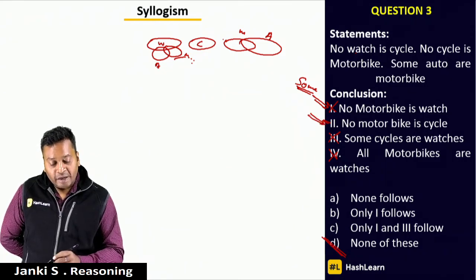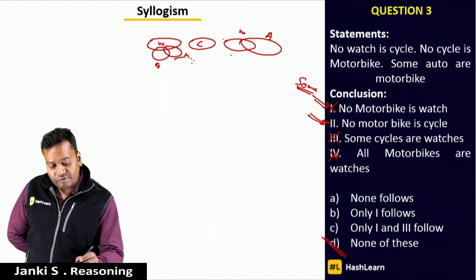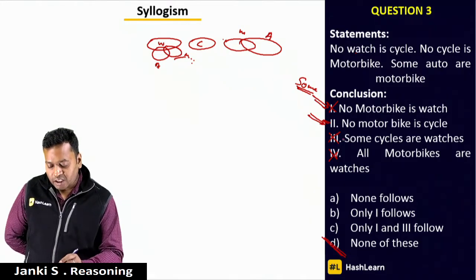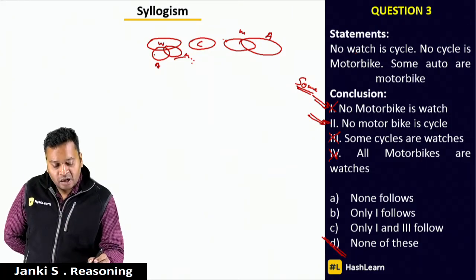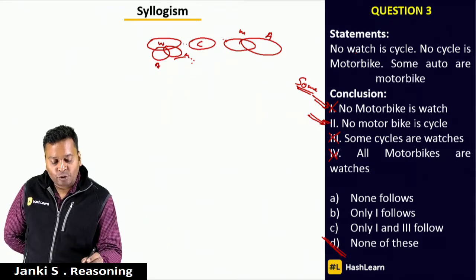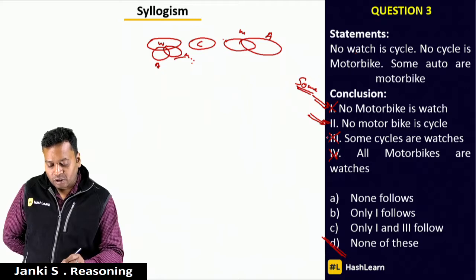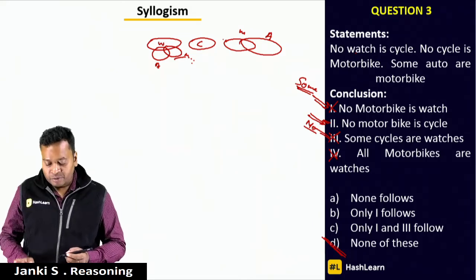So no motorbike is a cycle here, which is definitely possible here because this is already given here, right? Then some cycles are watches. So some cycles are watches here. Now here I know the negation is already available. That means this is not possible because the negation of this is nothing but no. So no watches or cycle is already available, right?